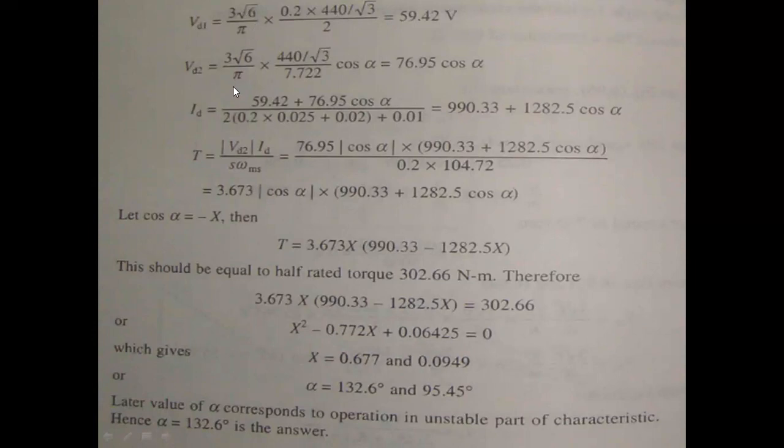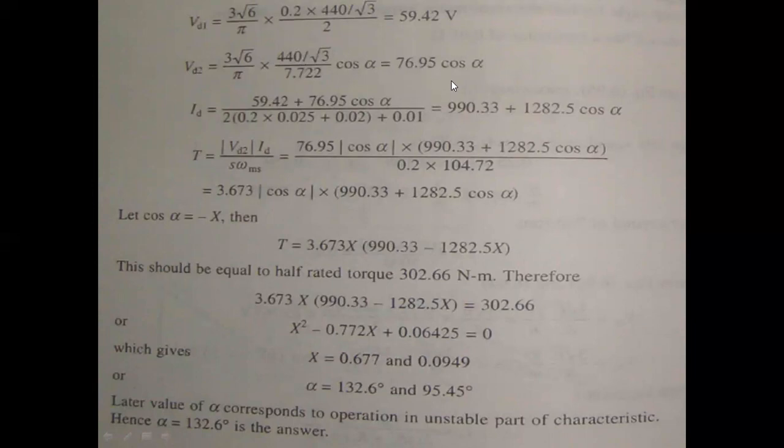And VD2 is 3 into root 6 by pi into 440 by root 3. Line voltage is equal to root 3 times phase voltage, right? So for phase voltage we have to write line voltage by root 3. We have been given line voltage 440 volts, so we convert it into phase voltage: 440 volts by root 3 into cos alpha, that is equal to 76.95 into cos alpha.